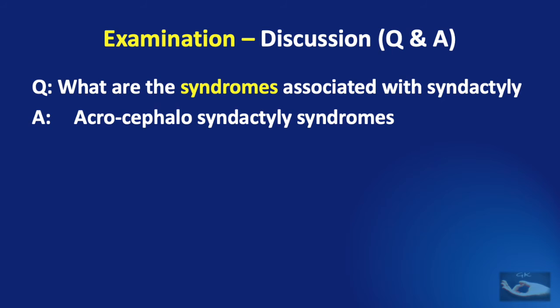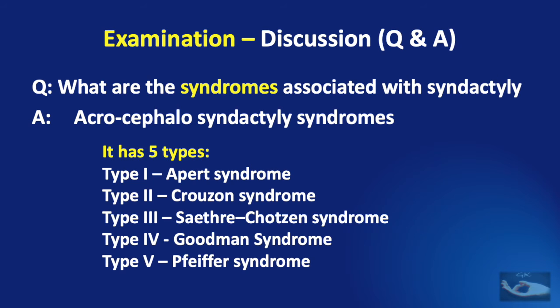The third type of syndromes associated with syndactyly are the acrocephalosyndactyly syndromes, and there are 5 basic types of these syndromes. They are the Apert syndrome, the Crouzon syndrome, the Saethre-Chotzen syndrome, the Goodman syndrome, and the Pfeiffer syndrome.